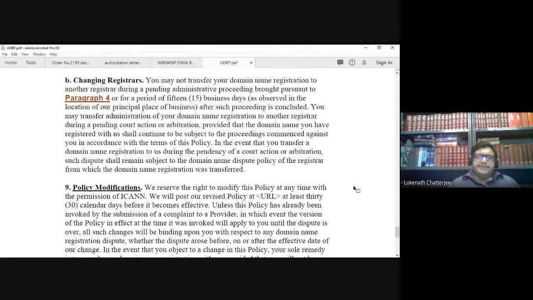Changing registrars, say for example from country A to country B. Now again, what happens in the case of a transfer?